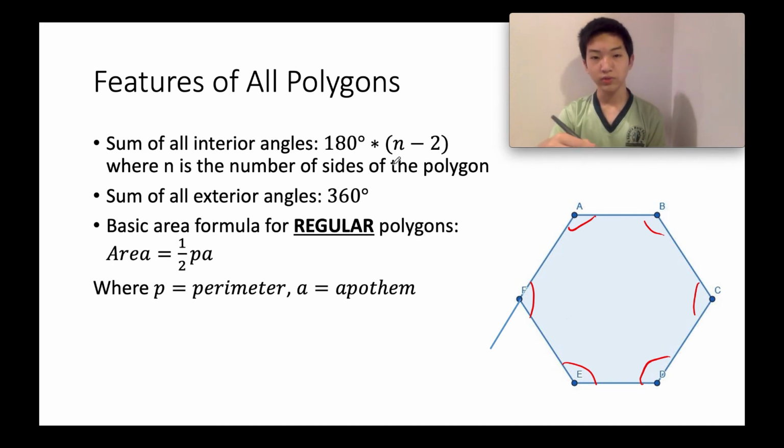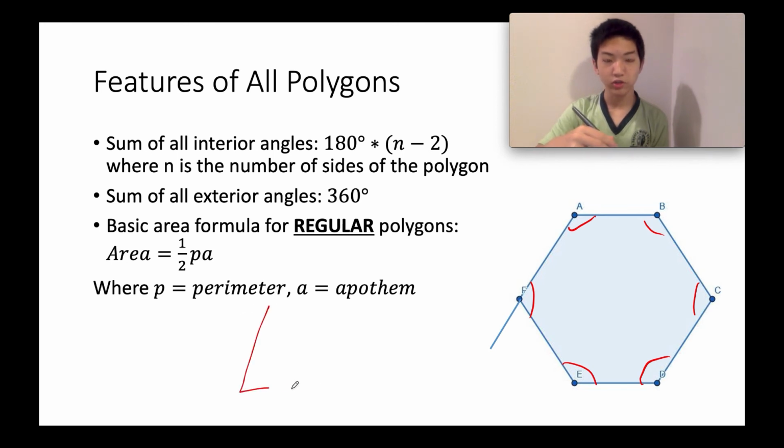So the sum of all interior angles is equal to 180 degrees times n minus 2. Well, if you're wondering why this formula works, think of the polygon with the fewest sides, a triangle. We know that it has 180 degrees. If we add one more point, we get another triangle, so that adds another 180 degrees.